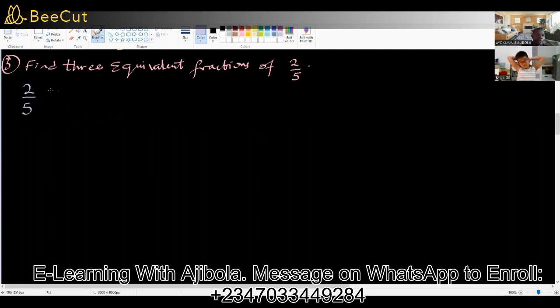We're going to look for a number to multiply the numerator and the denominator. So what number do you suggest I use? What number should I use? 5 times 5. Okay, I should use 5, right?